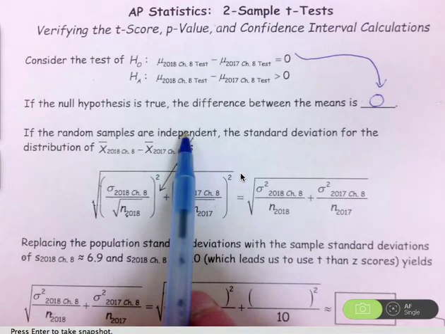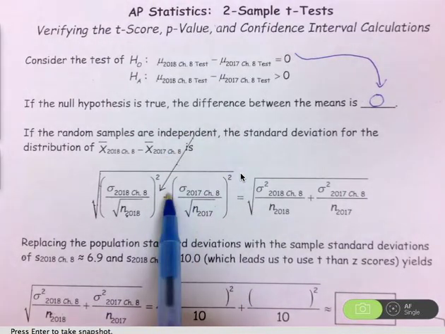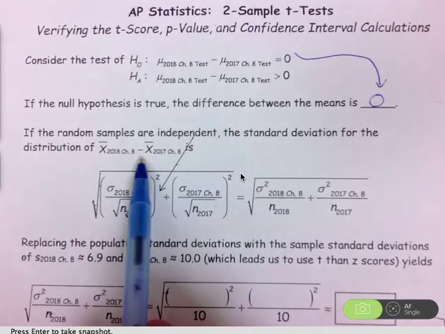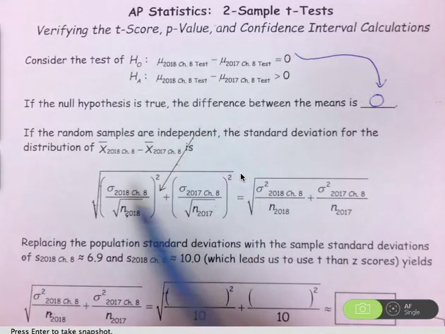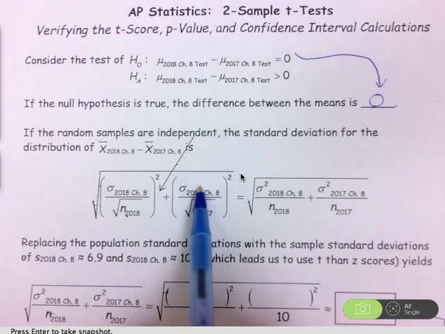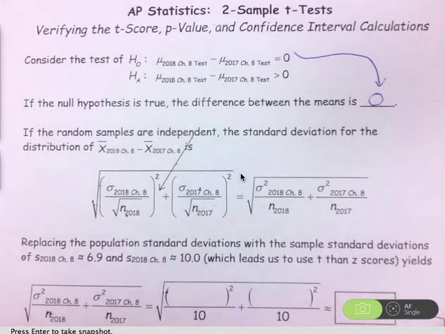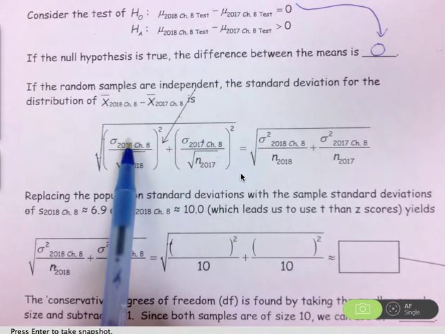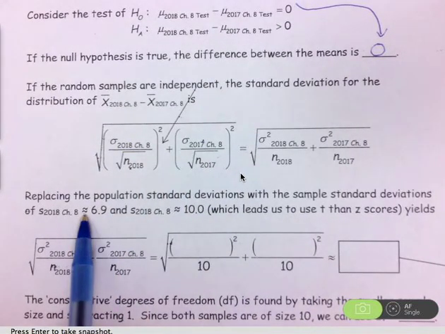But if these are independent random samples, we can combine those variances by adding, and then take the square root to find the standard deviation for the difference between these two sample means. Of course, in most situations, you don't know the population standard deviation. So instead, you replace it with the standard deviations from the samples.